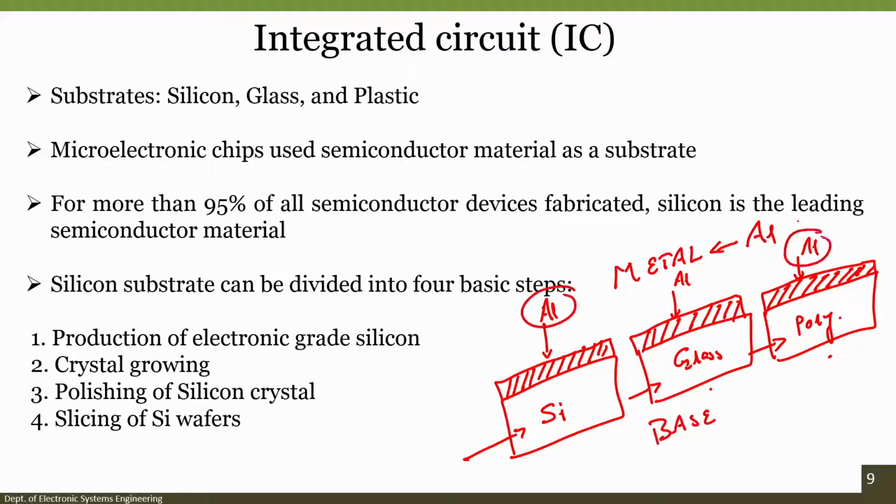Now, this is an example of metal. You can also deposit a semiconductor on a semiconductor, or an insulator on a semiconductor. For example, instead of aluminum on silicon, we can deposit silicon dioxide on silicon. Still silicon will be your substrate. Silicon dioxide is a material grown or deposited onto the substrate.